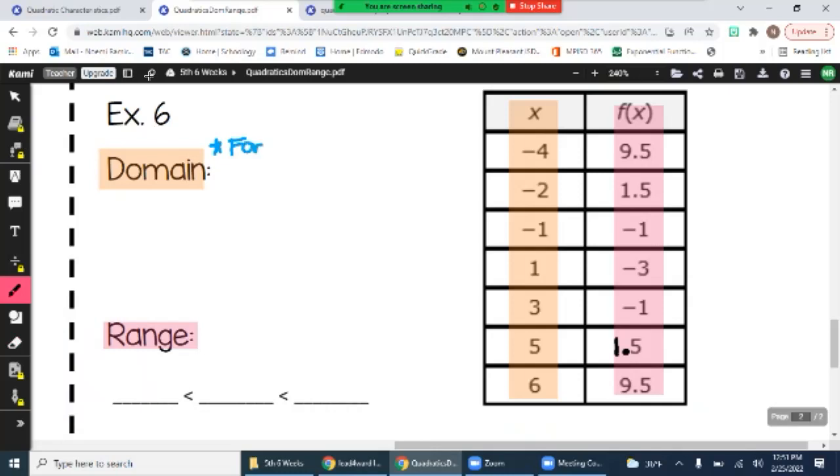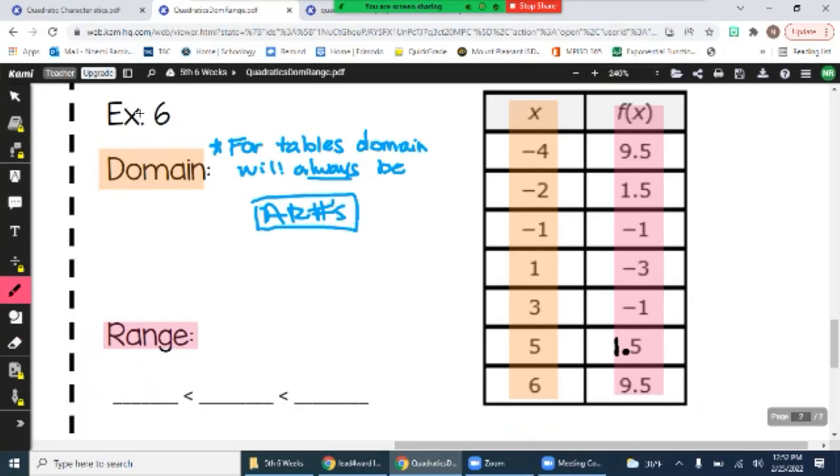For tables, the domain will always be all real numbers. Done.